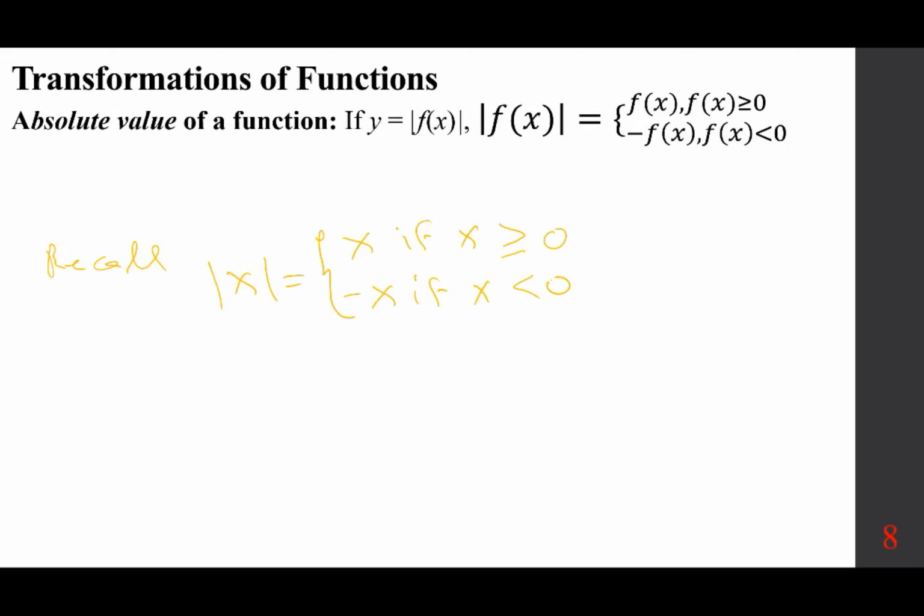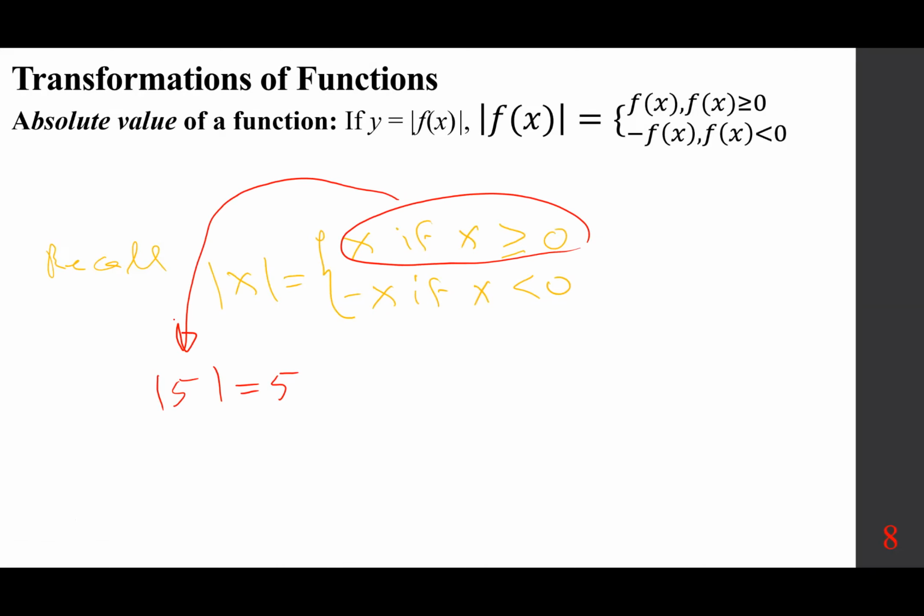What I want you to pay attention to is that obviously everybody knows the absolute value of 5 is 5, because by definition absolute value means distance from 0. If you see a positive value inside the absolute value, just repeat it.